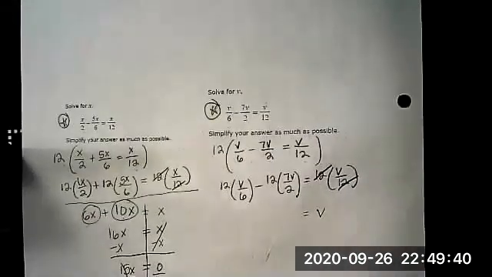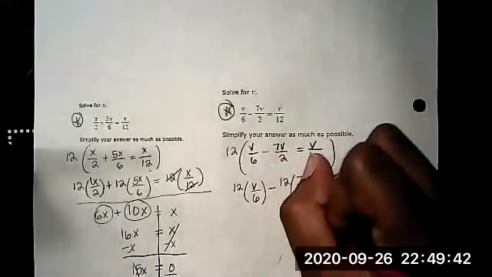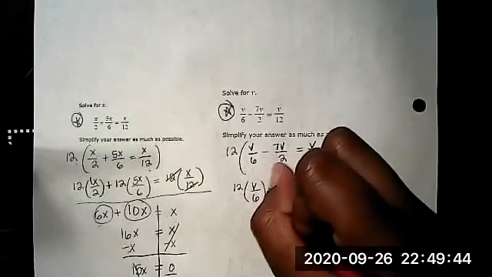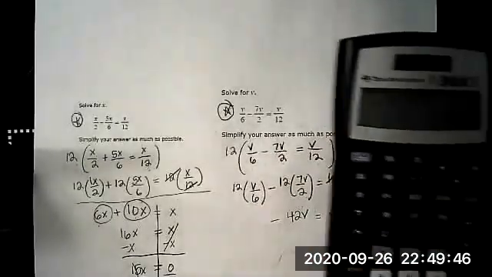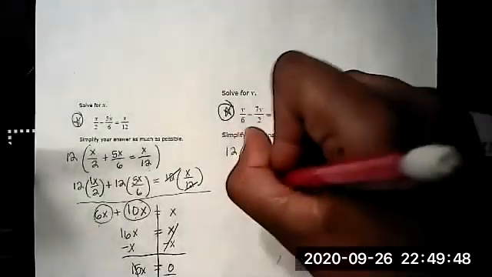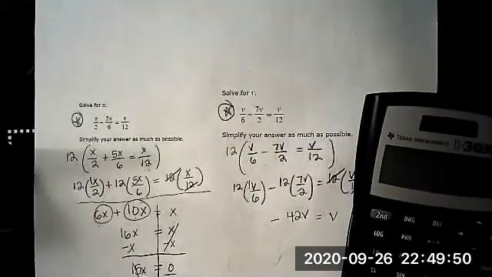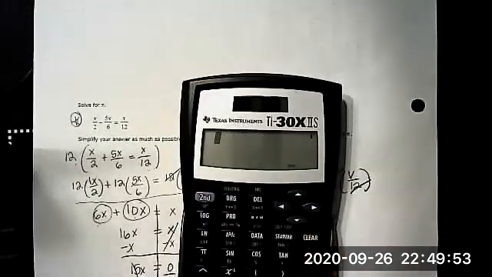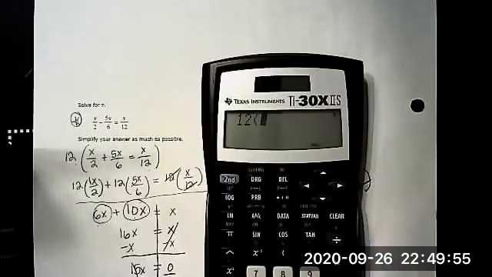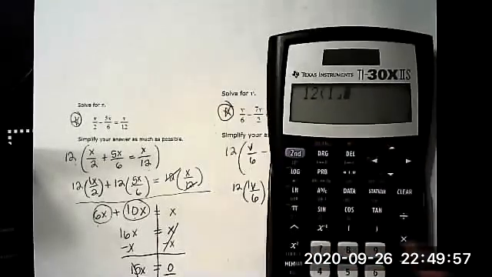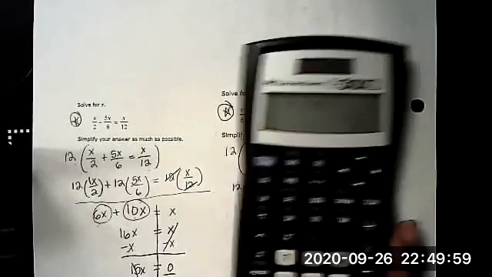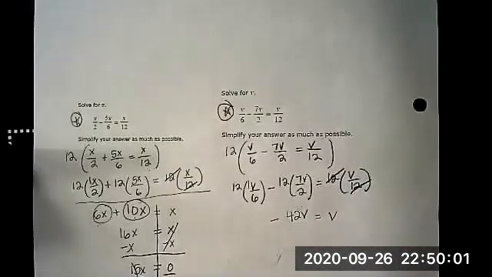That gave me 42. So this now becomes 42V, and this is 12. And again, if there's no number right there, it's going to be an understood 1. So this will be 12, 1 divided by 6, enter, and it gave me 2V, okay?